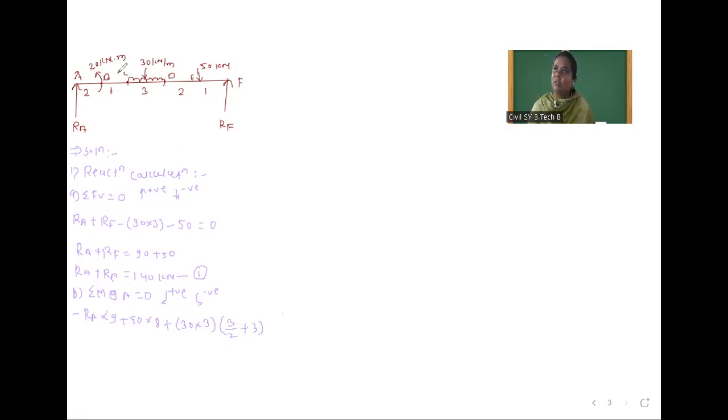Okay. After that, the 20 kilonewton meter couple, will we consider it for moment or not? Consider, because this is a moment, and this is anti-clockwise. So minus 20, which is equal to 0. Now we shift this RF into 9 to the right side.